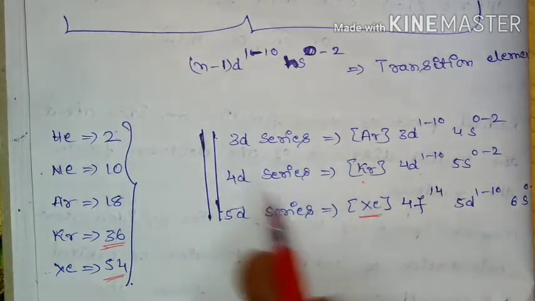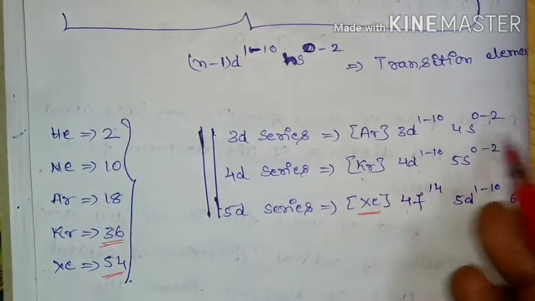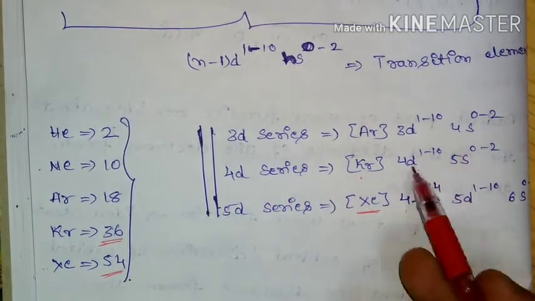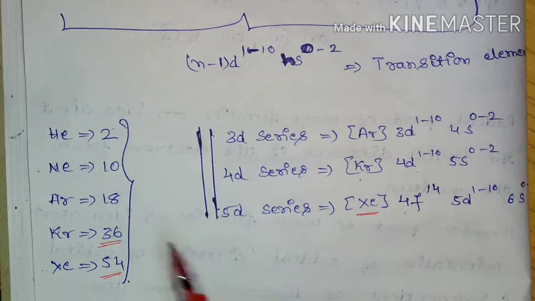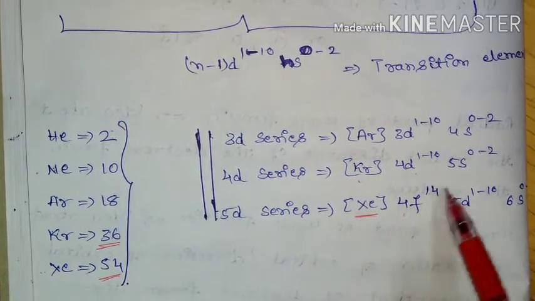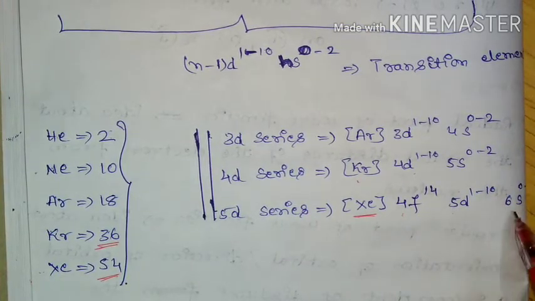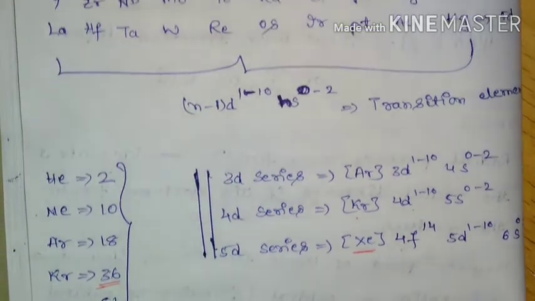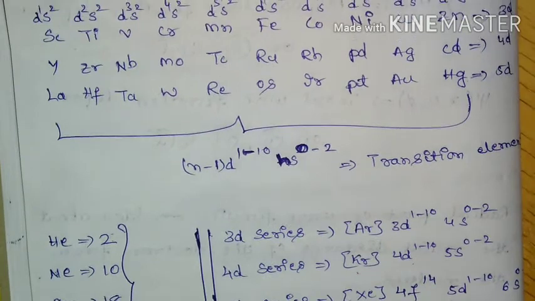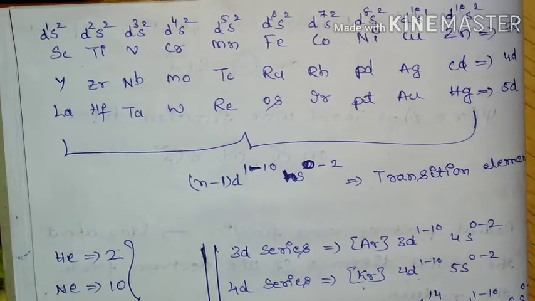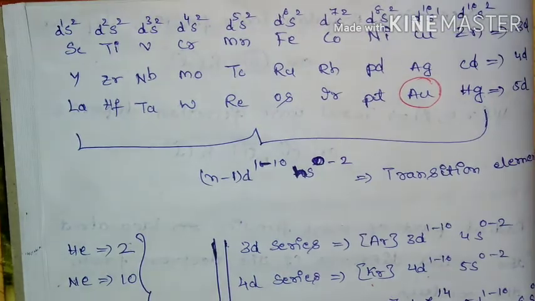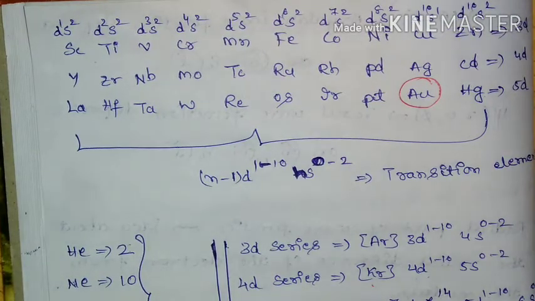If you remember this, for 3d series, argon 3d 1 to 10 4s 0 to 2, for 4d series, krypton 4d 1 to 10 5s 0 to 2, and 5d series, xenon 4f14 5d 1 to 10 6s 0 to 1. So based on this, we can write. So here we need to find the ground state electronic configuration for gold. Gold comes to 5d series.